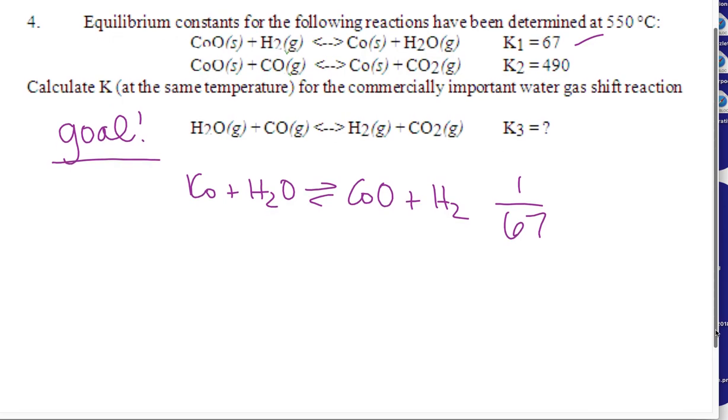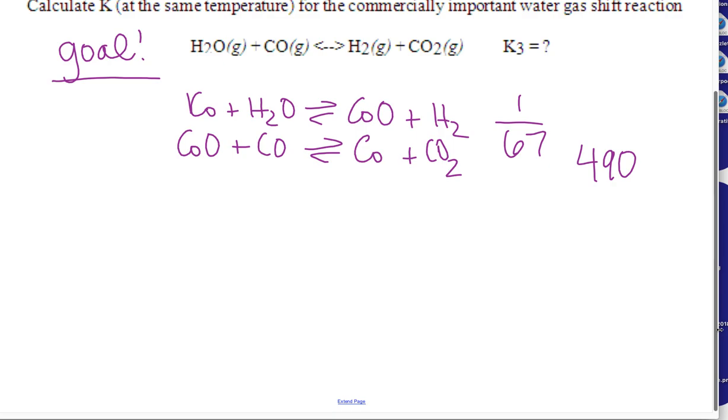All right. Next equation. I think it's good because it's got CO, 1 CO, 1 CO2 where they're supposed to be. I'm just going to rewrite it the way it is. So that means I can leave the K as it is.